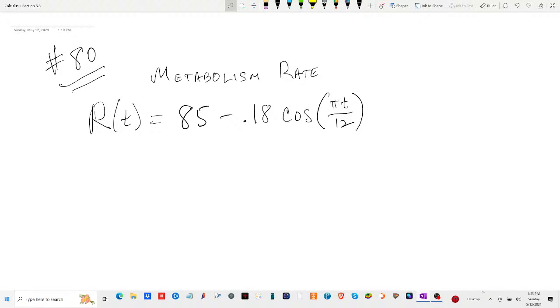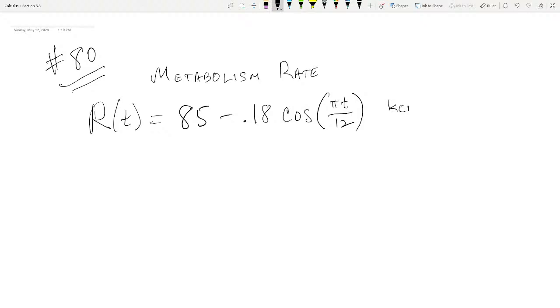We're going to do number 80 here, and the problem asks you to find the total basal metabolism of a man according to this formula here, R of t. And basically what integrals do for you is if you have a rate, this is in kcals per hour.